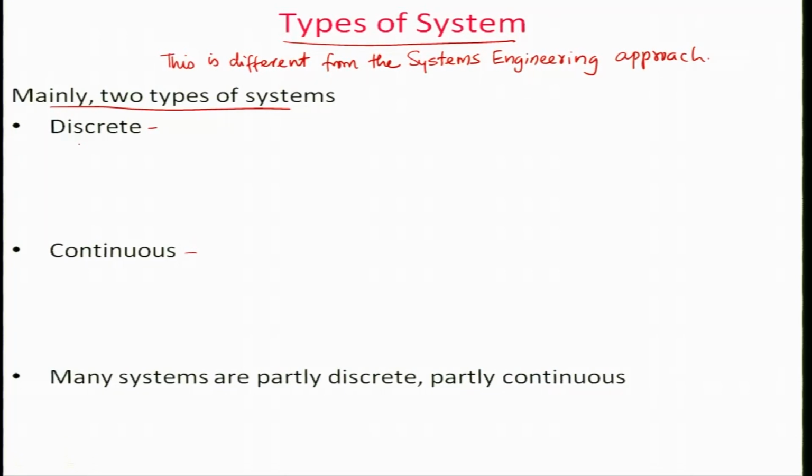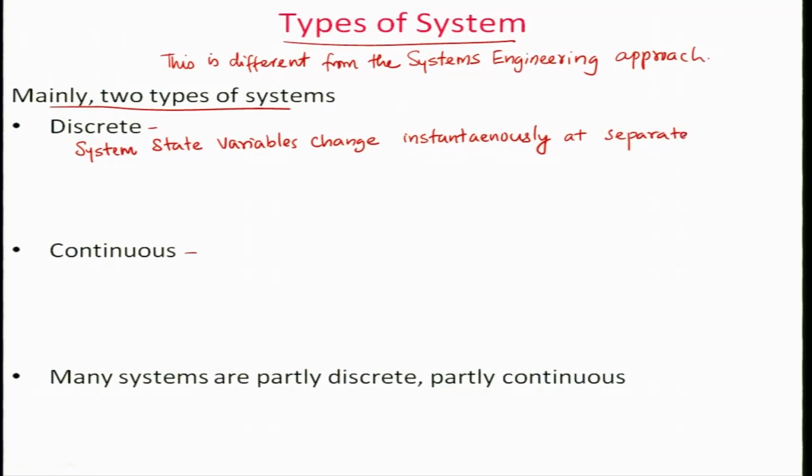A discrete system is a system where system state variables change instantaneously at separated points in time. Please check my spelling, I am not very sure about it.